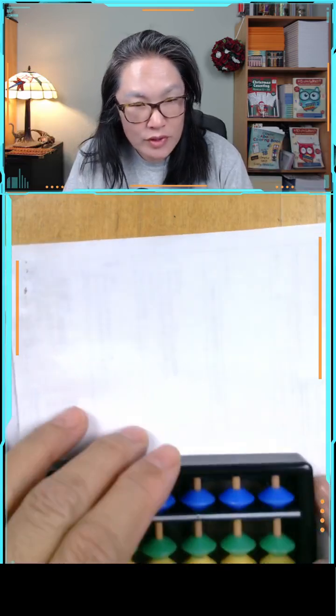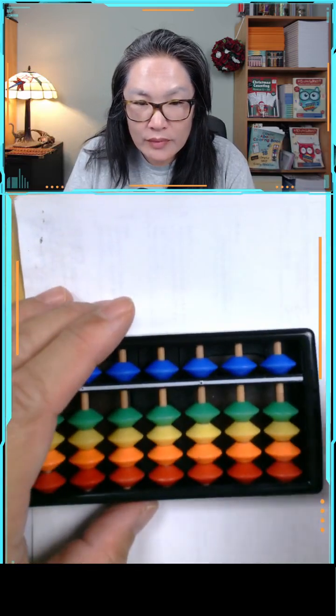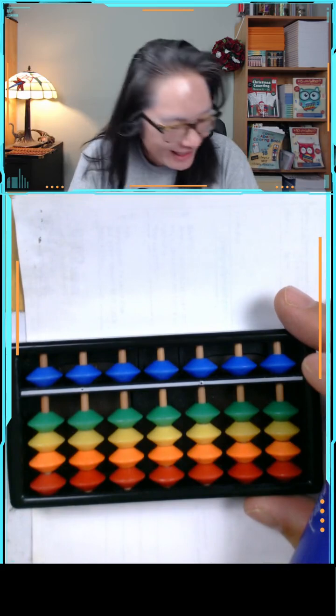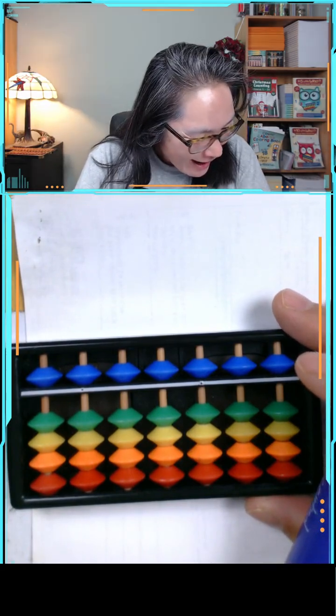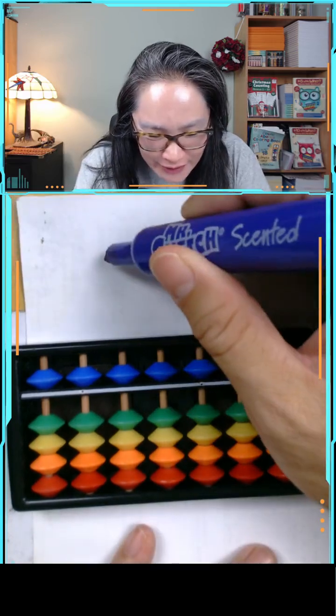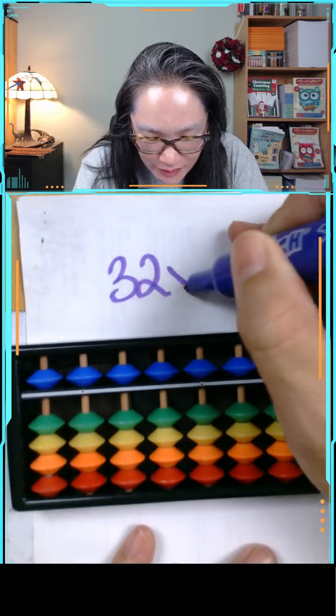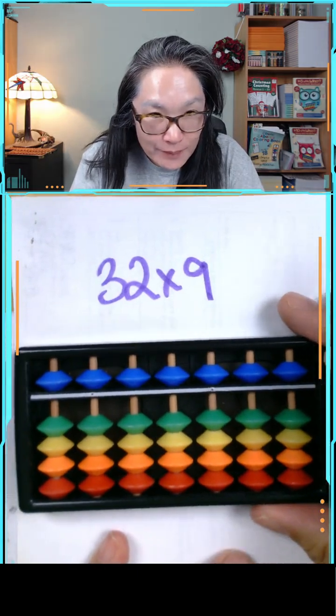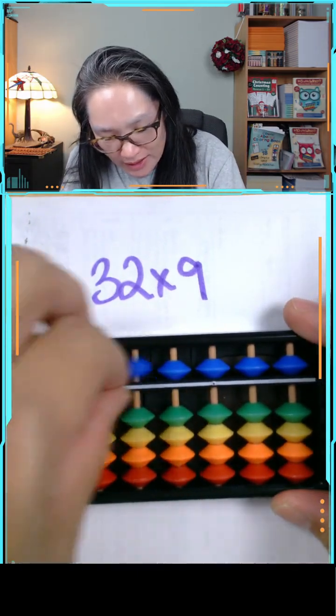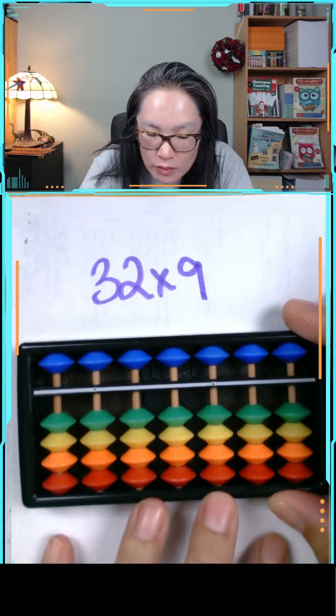All right. So, multiplication is distributive property, which I actually enjoy. We'll do this one: 32 times 9. Easy. Why? Because you need to know your multiplication facts.